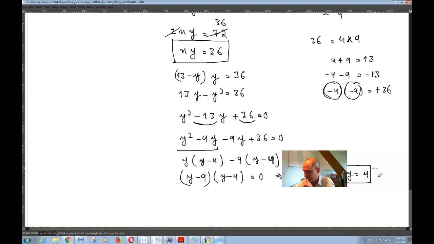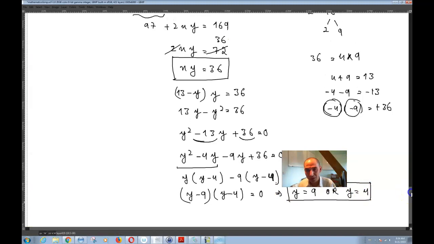Well, this is a very tricky question. Okay, so either y is equal to 9 or y is equal to 4.